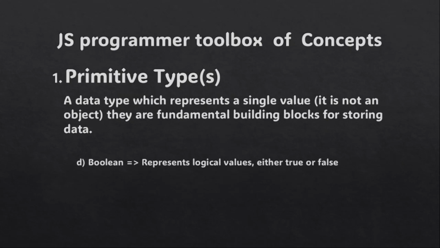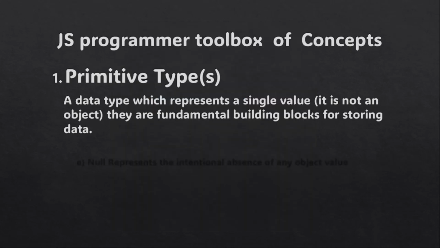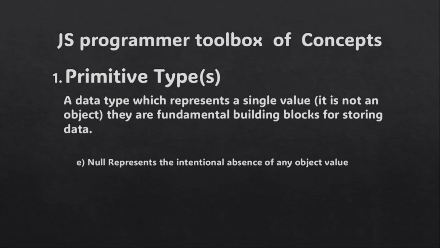The fourth one we have is Boolean. Boolean represents logical values. This can either be true or false. And the fifth one we have is null.